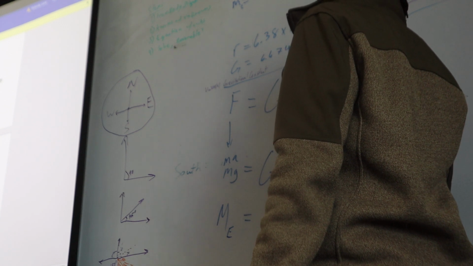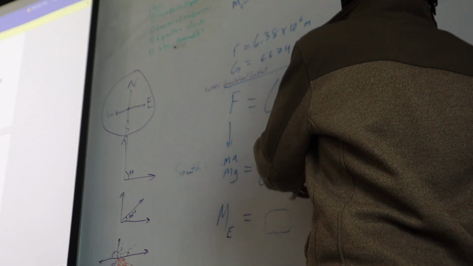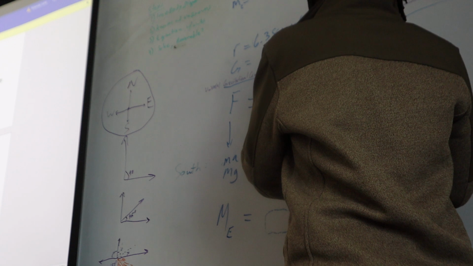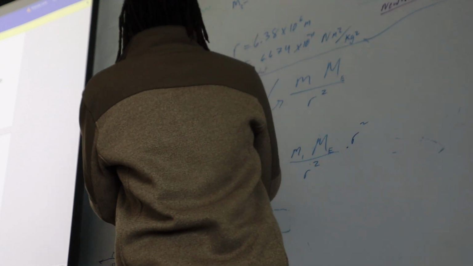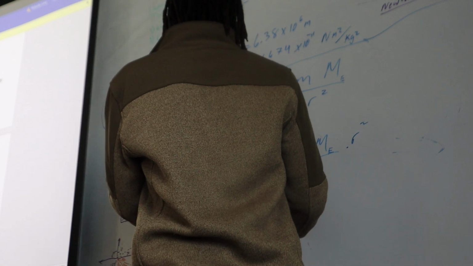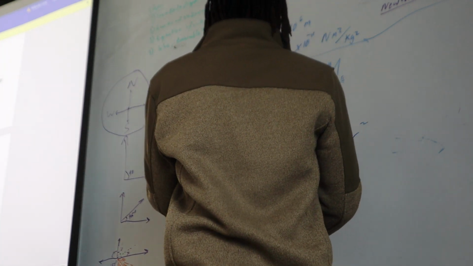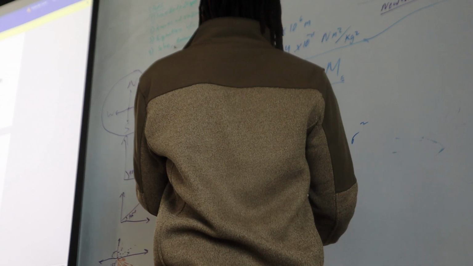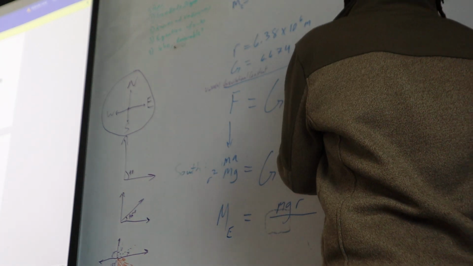So you have to multiply by R squared. I'll go ahead and start writing it up. mg times R squared.